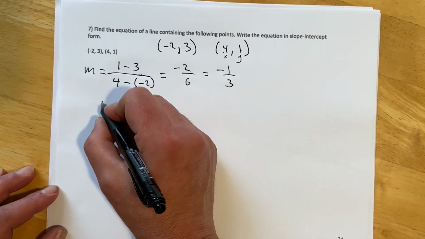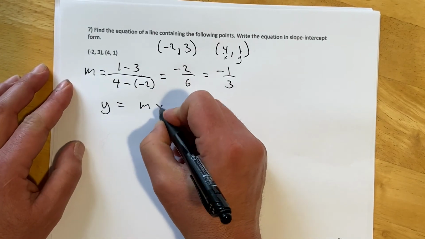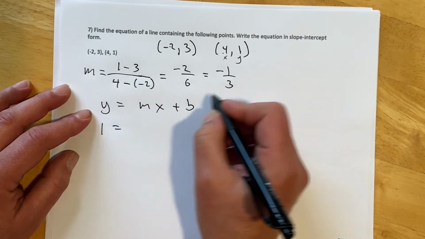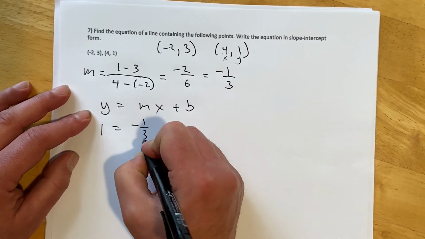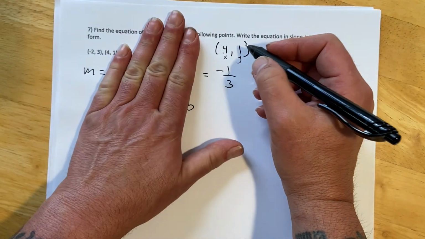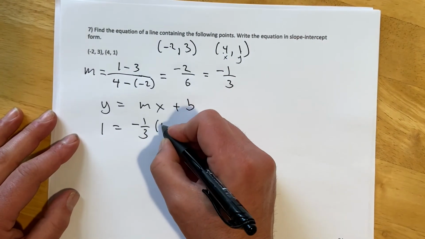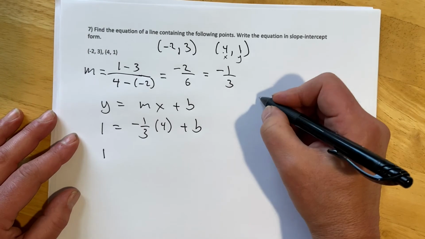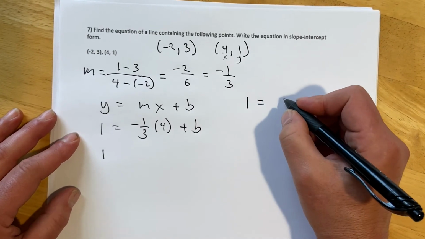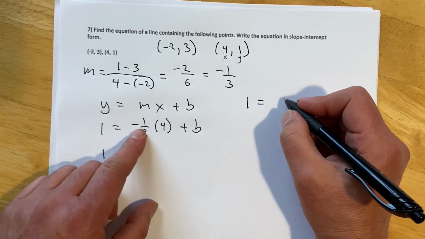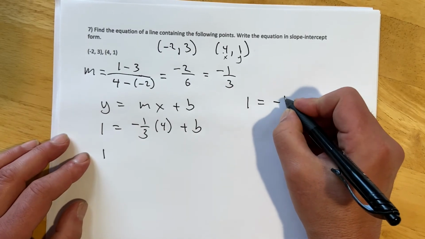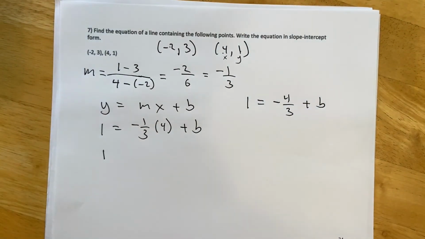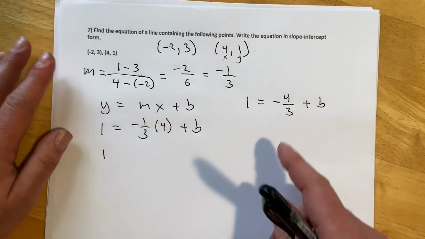So now we're going to do our y equals mx plus b. y is 1, m is negative 1/3. And then x, careful not to jump over to that point, x is 4. So that's the same as, I think I'll come up here so I don't run out of room, 1 equals negative 1/3 of 4 being negative 4/3 plus b. I'm going to add that 4/3 to both sides.